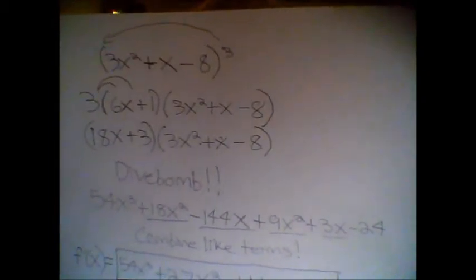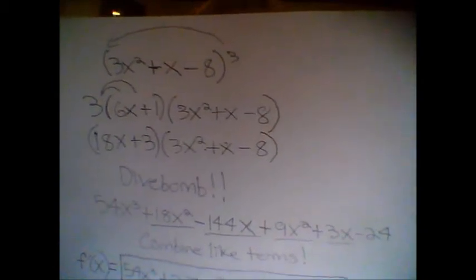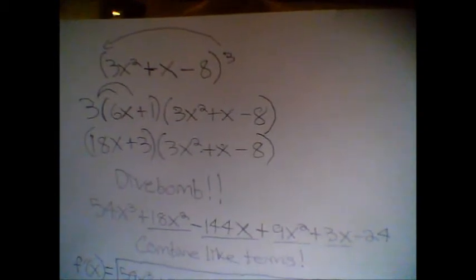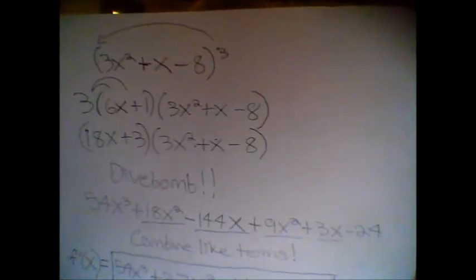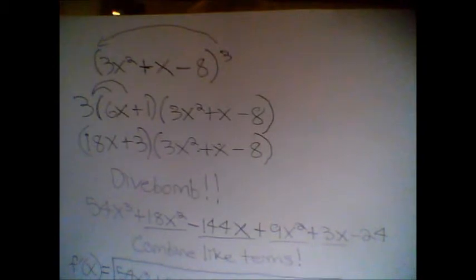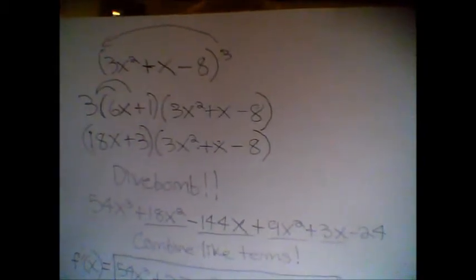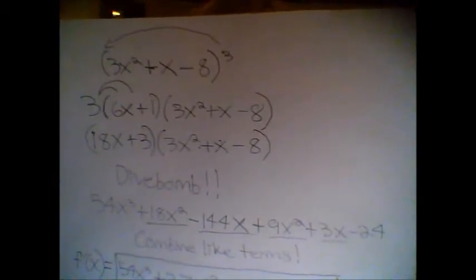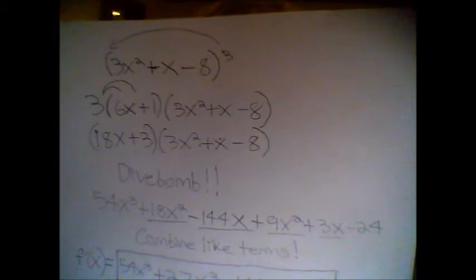However, now that we have a larger term, we're going to take the derivative of 3x squared plus x minus 8, which you should know from your previous lesson. The derivative of 3x squared plus x minus 8 would be 6x plus 1, because when you have 3x squared, you move the 2, multiply it times the 3, and drop it one power.